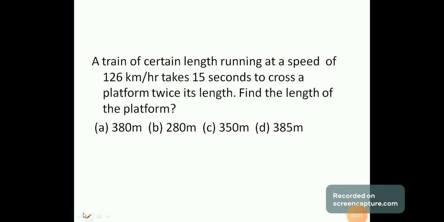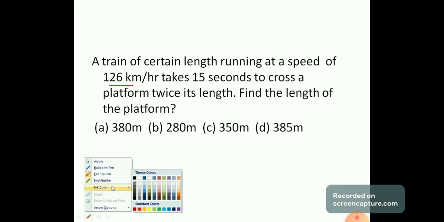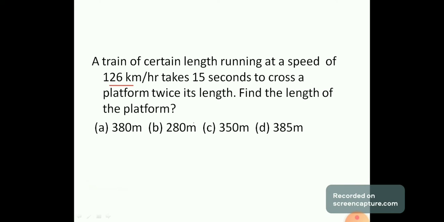A train of certain length running at a speed of 126 km per hour takes 15 seconds to cross a platform twice its length. Find the length of the platform. Here the length of the platform is not given.